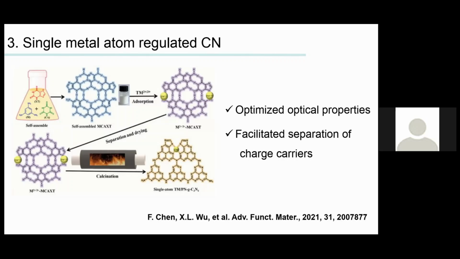Therefore, we attempted to adopt this strategy.